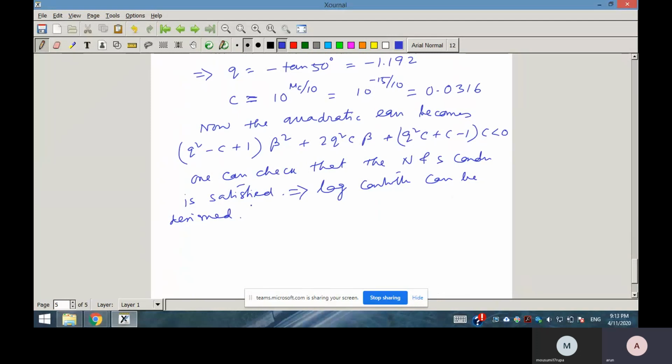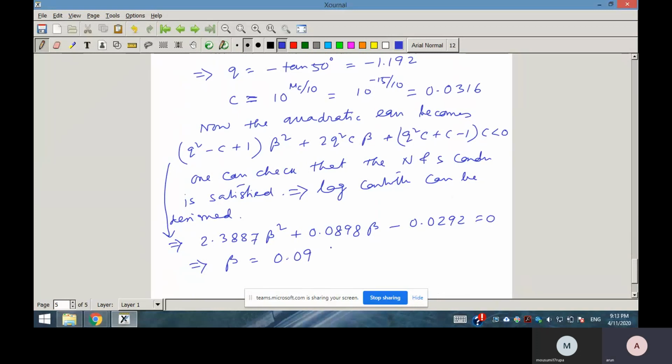If you put the data of q and c, then your ultimate equation comes out like this: 2.3887 beta square plus 0.0898 beta minus 0.0292 equal to 0. The valid solution will be 0.09.